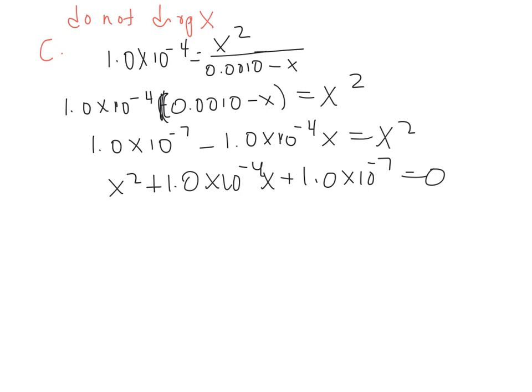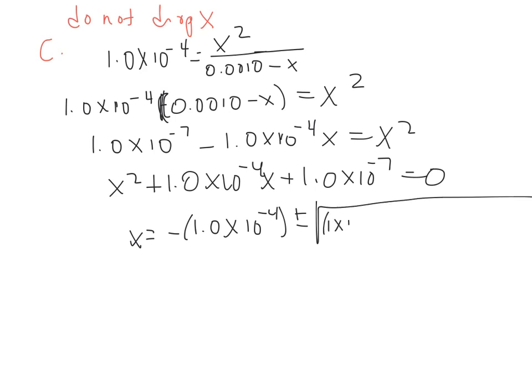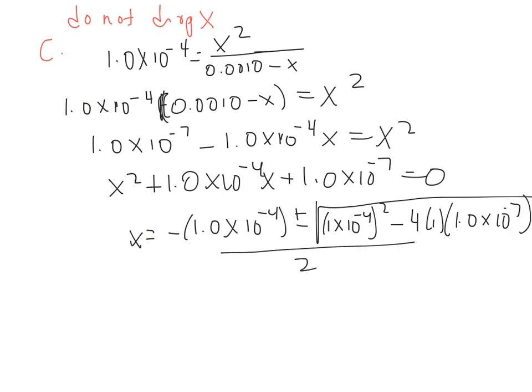And then we're going to say x is equal to negative b, 1.0 times 10 to the minus 4 plus or minus the square root of 1 times 10 to the minus 4 squared minus 4a, and c is 1.0 times 10 to the minus 7, divided by 2 times 1, and we get here x is equal to 2.7 times 10 to the minus 4.